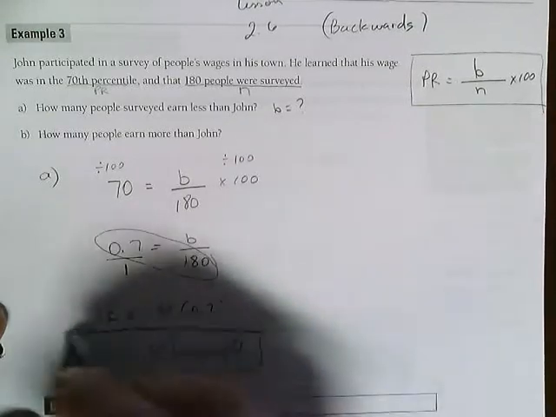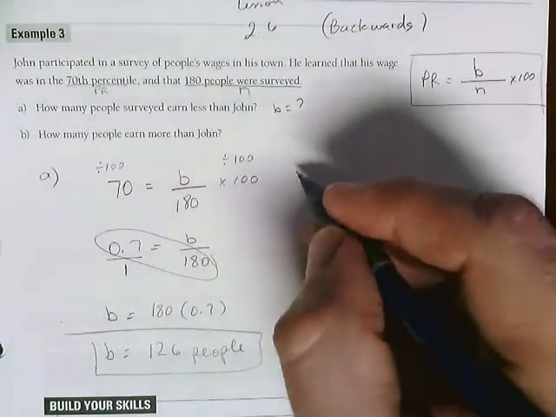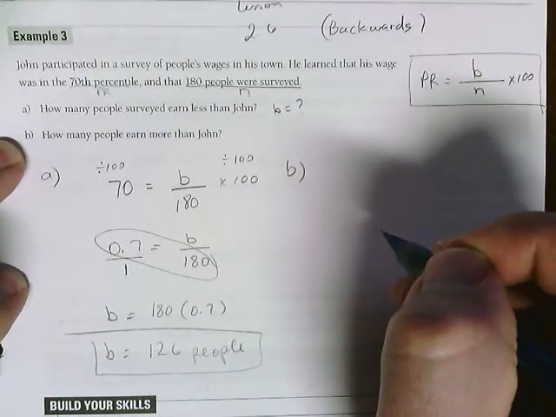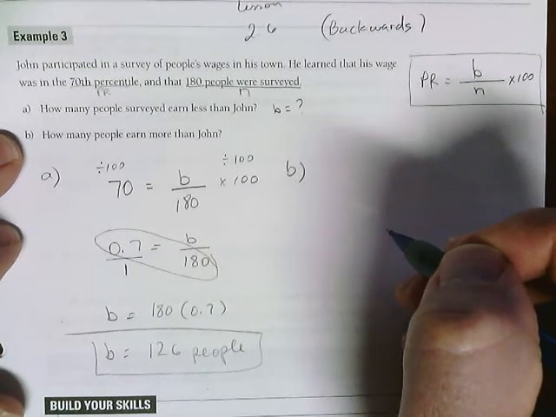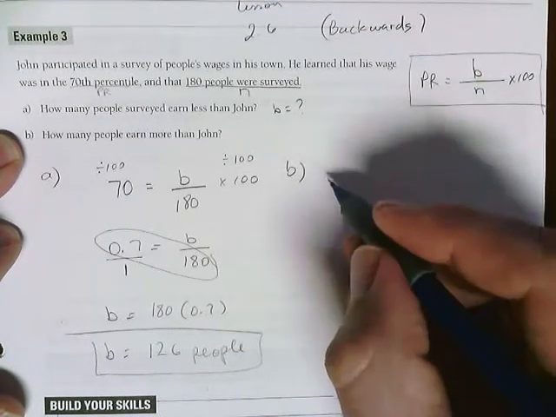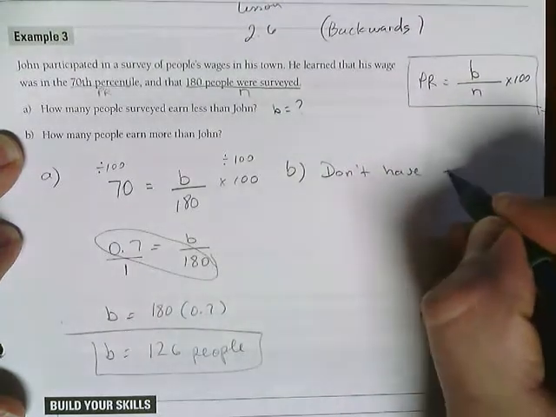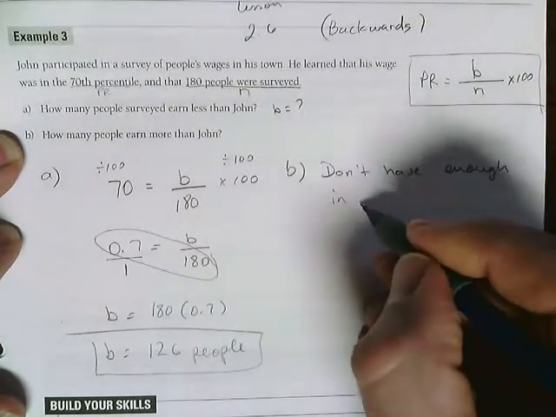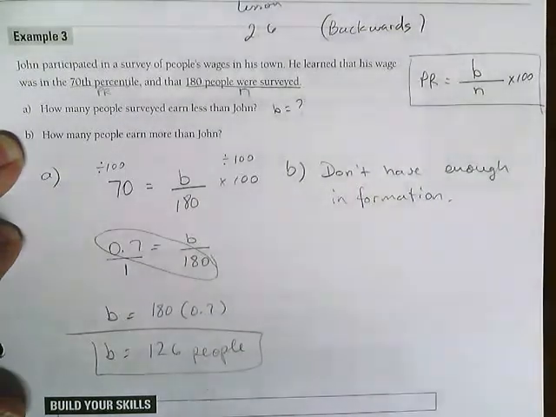Okay, so that's that for B. How many people earn more than John? Okay, now more than John, we don't know that. We don't have enough information, right? How do we not have enough information?